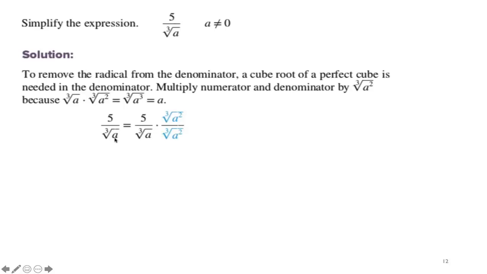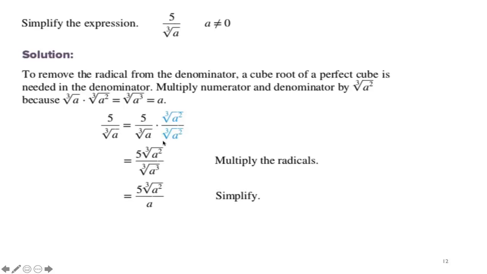Just like in the last example, to get rid of the cube root of a, I need the cube root of a squared, because then a and the a squared becomes a cubed, which will cancel with the cube root. And I need to multiply the denominator and the numerator by this expression, because I'm essentially multiplying the expression by 1. This divided by this will cancel, so I'm not changing my original problem.